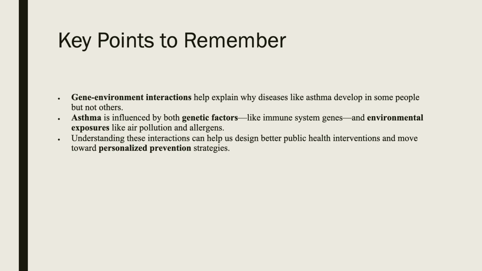So, as I get ready to near the end of my presentation to you all today, there are a few key points that I want you to remember. And those are gene environment interactions help explain why diseases like asthma develop in some people but not others. Asthma is influenced by both genetic factors like immune system genes and environmental exposures like air pollution and allergens.